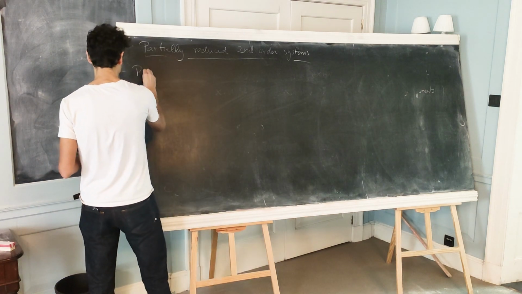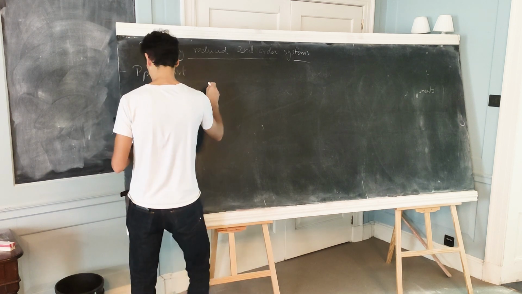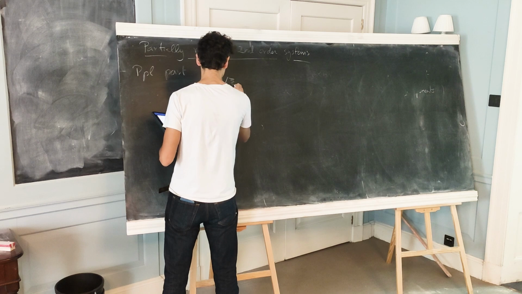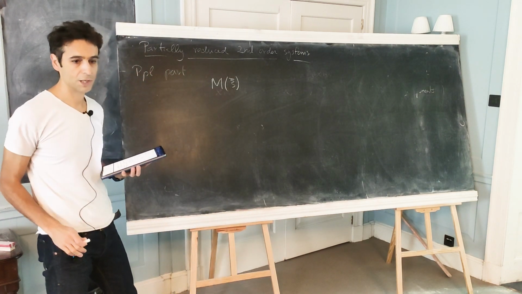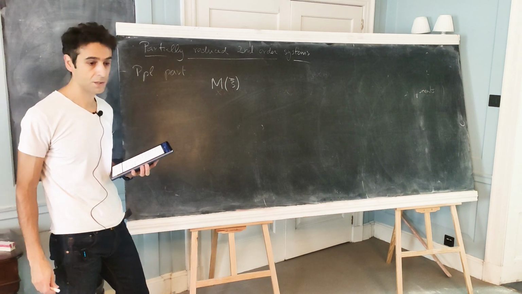So the principal part. Remember that we considered the spatial Fourier transform, so you replace the derivatives by the spatial wave numbers.